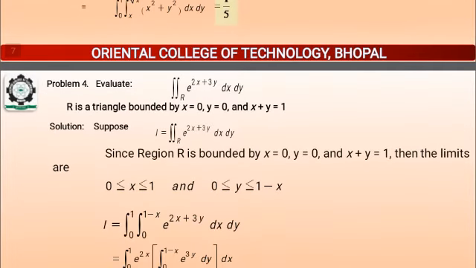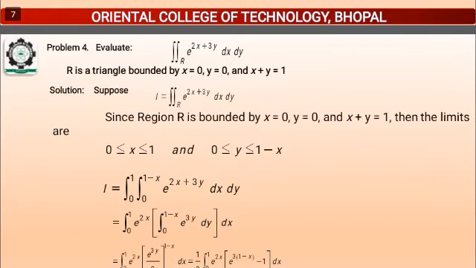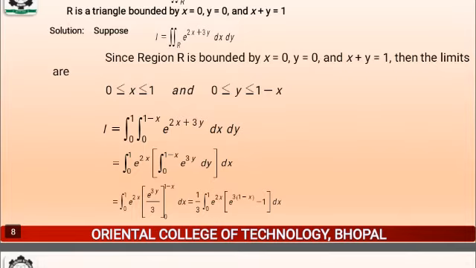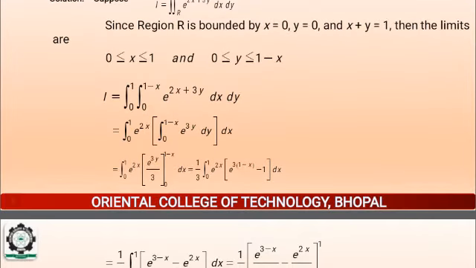Come to next question. Evaluate double integration e to the power 2x plus 3y dx dy, R is the triangle bounded by x equal to 0, y equal to 0, and x plus y equal to 1. Suppose this integral is I. Since region R is bounded by these lines, hence x lies between 0 to 1 and y lies between 0 to 1 minus x.